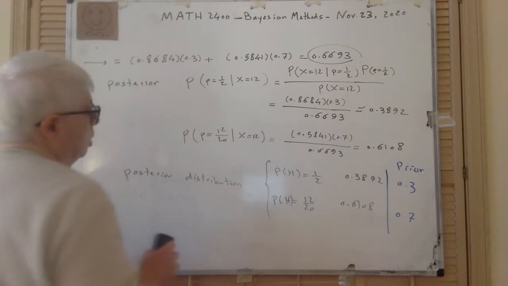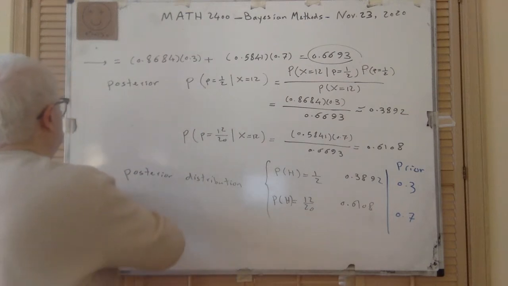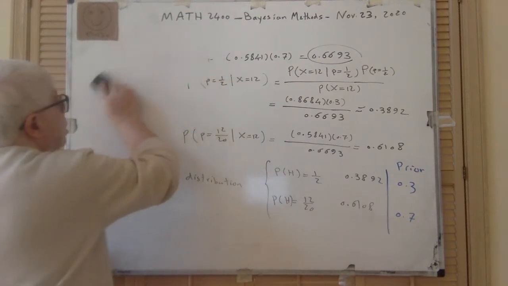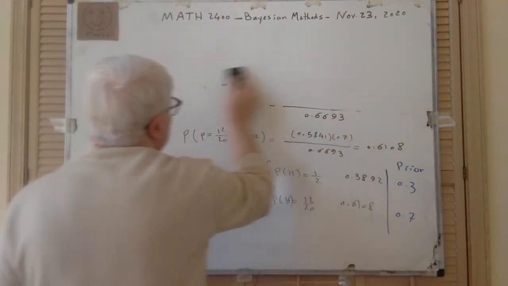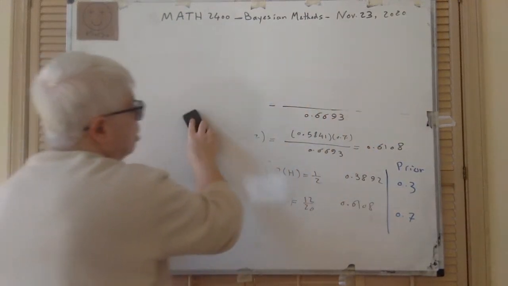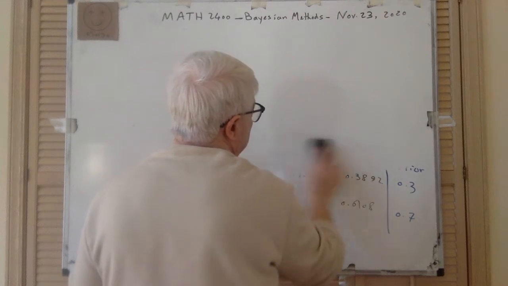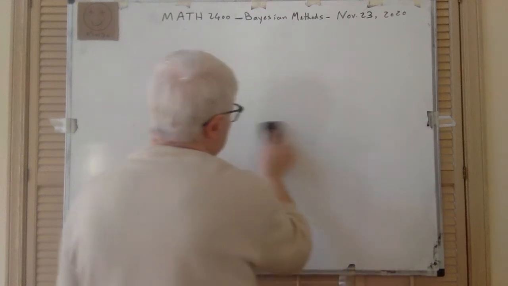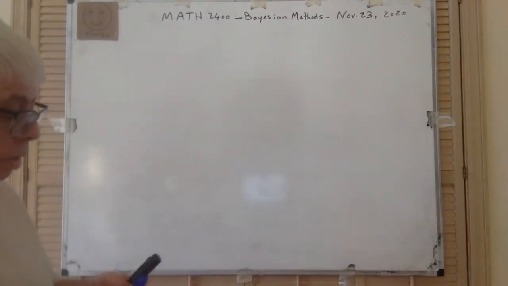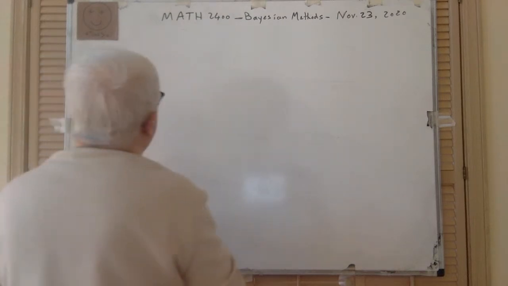So that comes down to what we call test of hypothesis. Let me write it down and discuss it to some extent, and maybe give you an example or examples next time.